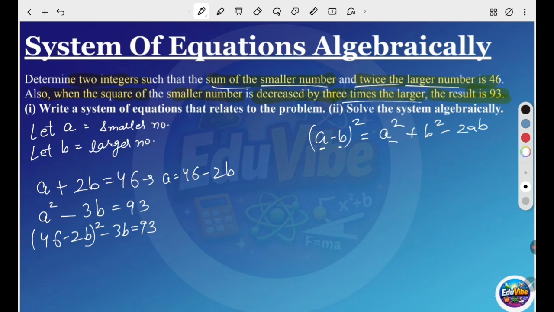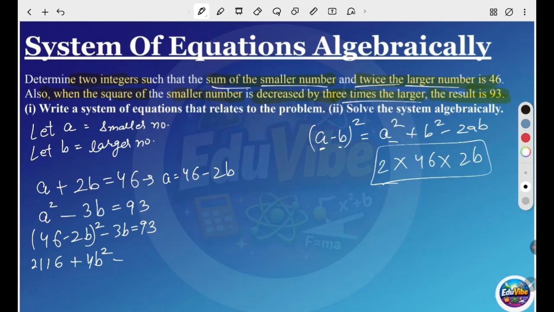And we have a of 46. So 46 into 46, you do in the calculator and you get 2116, plus b square of this. So b is 2b, so 2b into 2b, you get 4b squared, and the minus 2ab, which is 2 into 46 into 2b.